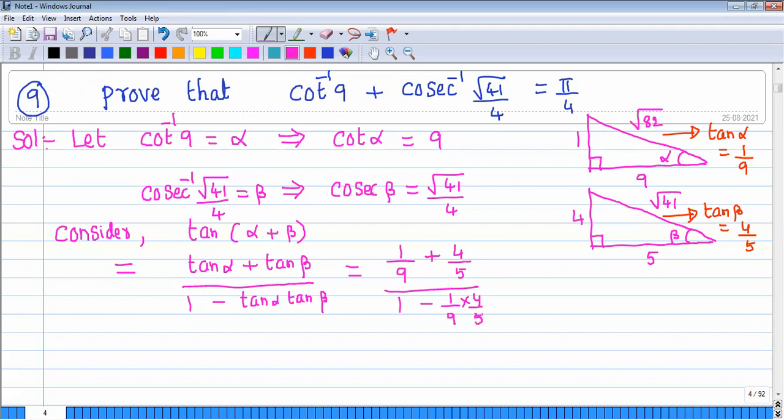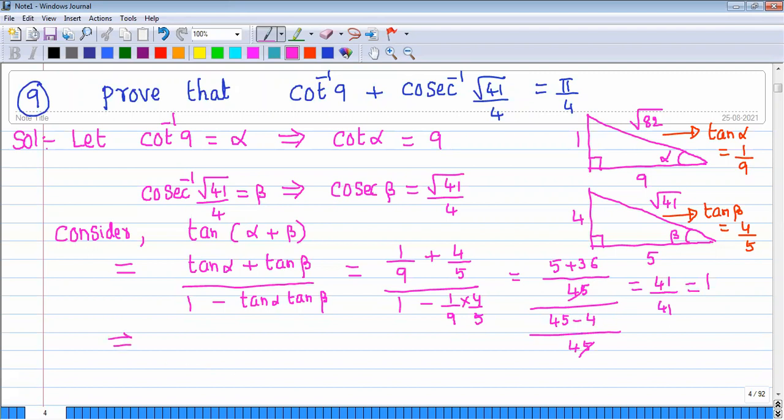Then tell me what do you get now? What is the LCM here? 45. 5 plus 36 is 41 by 45, and 45 minus 4 is 41 by 45. 45 cancels, 41 by 41. So you get 1.